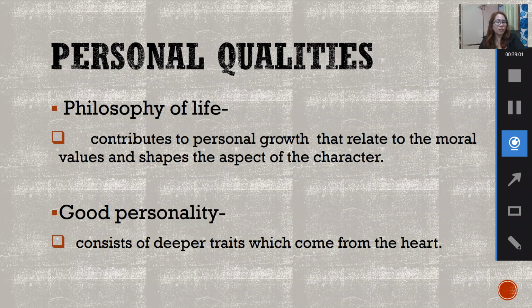We learn theories, but philosophy is hard to teach. So, it contributes to personal growth that relates to moral values and shapes aspects of character. You need that to shape your character. And then, good personality, of course, consists of deeper traits which come from the heart.